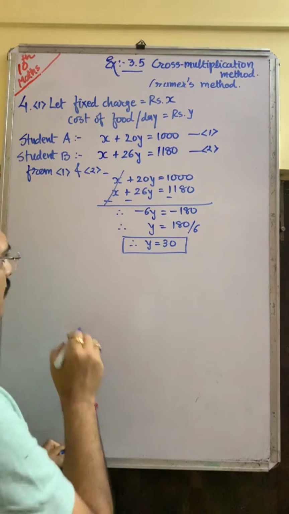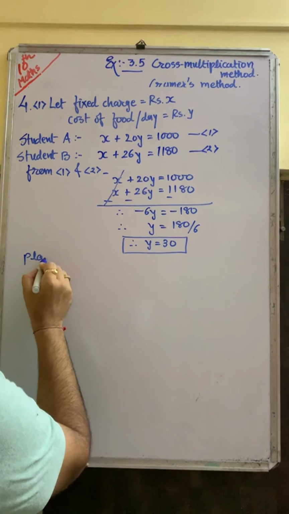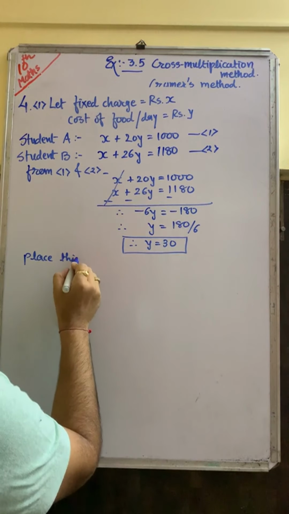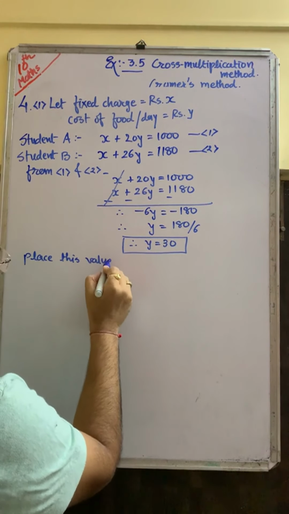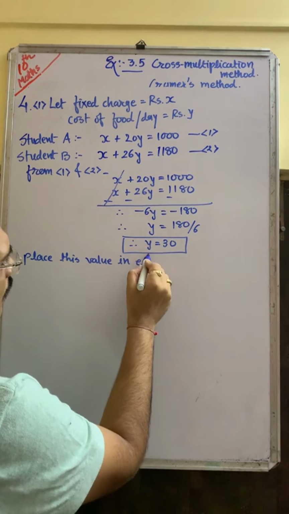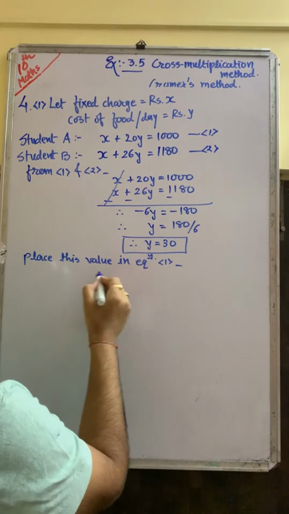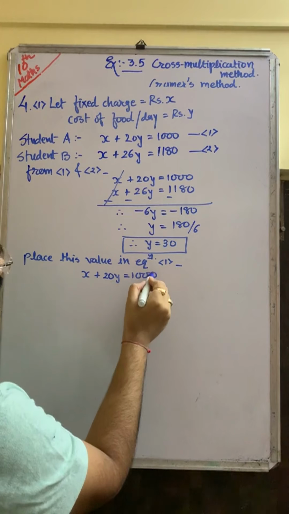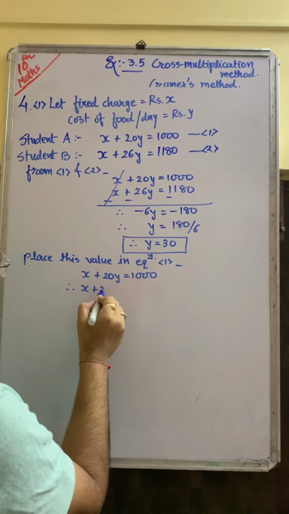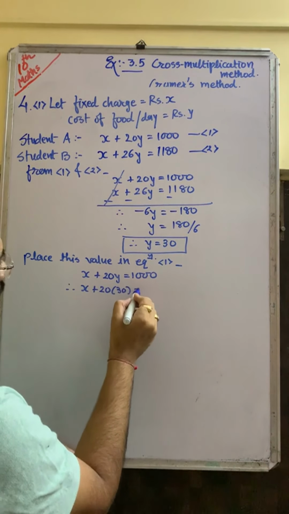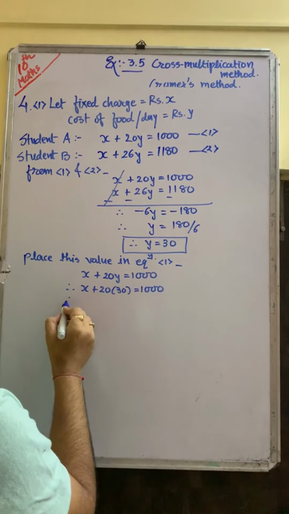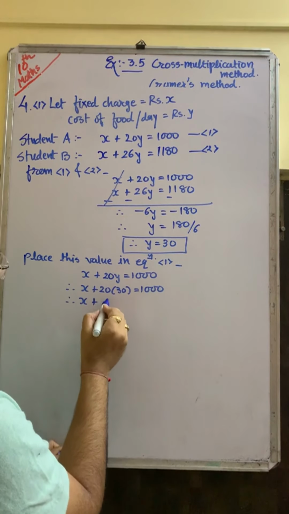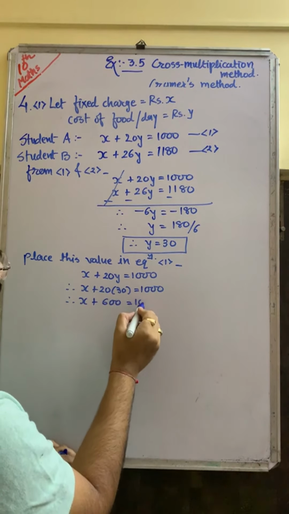Okay, place this value in equation number 1, that is x plus 20y equals 1000. So x plus 20, y is 30, equals 1000. 30 into 20 is 600, so x plus 600 equals 1000.